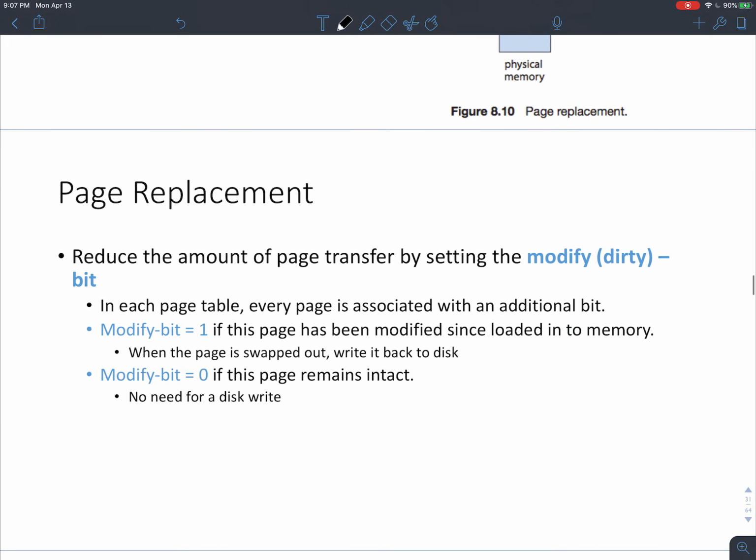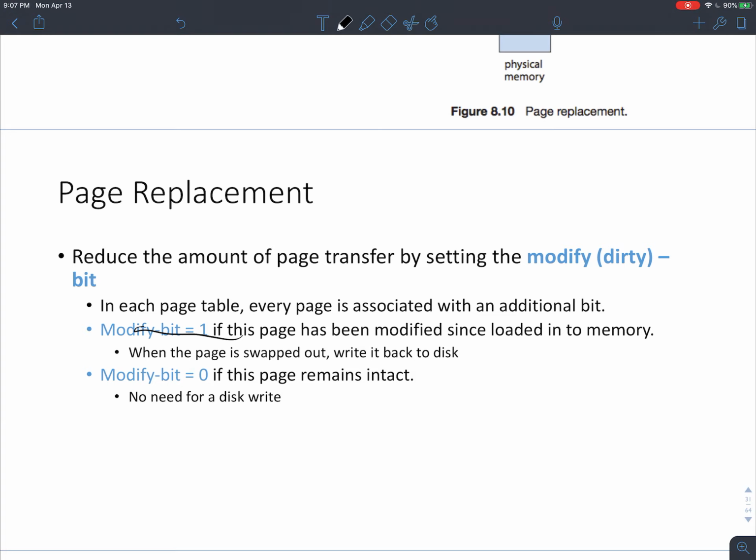So people proposed another way to save time, which is to set up a modified bit or dirty bit in the page table. If this bit equals 1, it means that this page has been modified since it was loaded into memory.